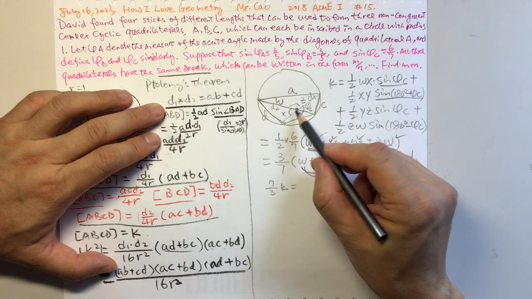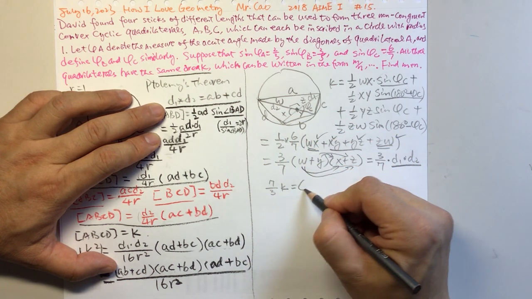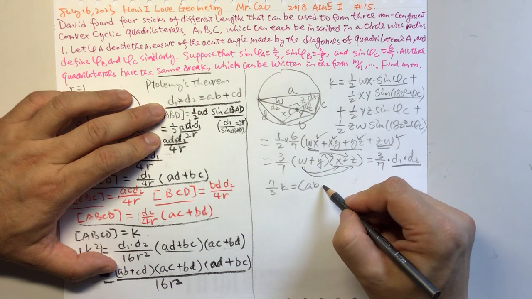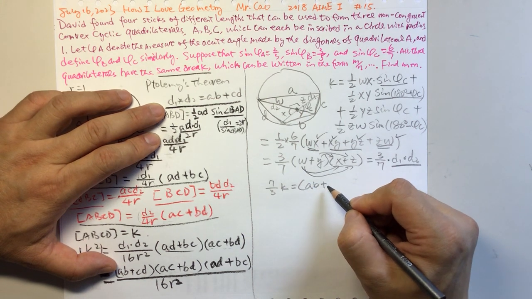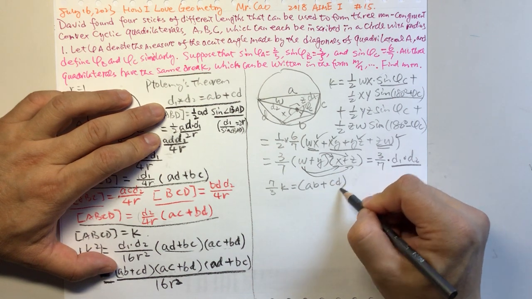We use Ptolemy's theorem, right? D1 D2 equals AB plus CD, right? Yes.